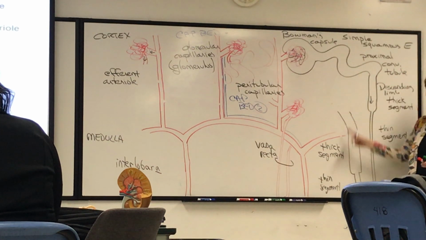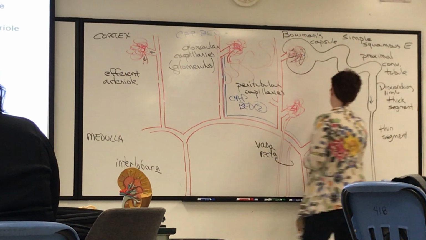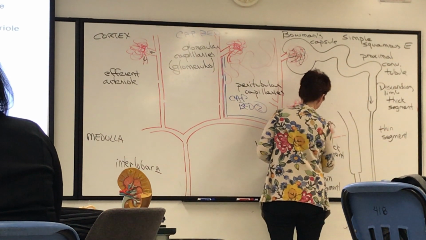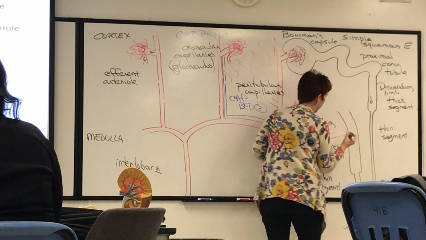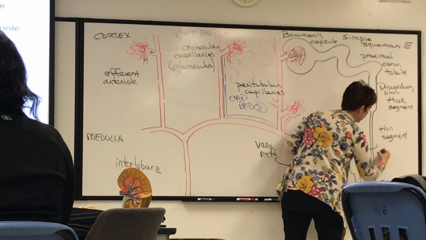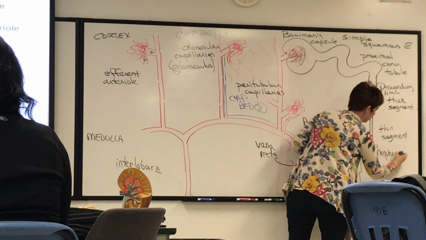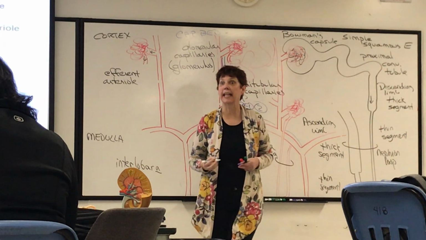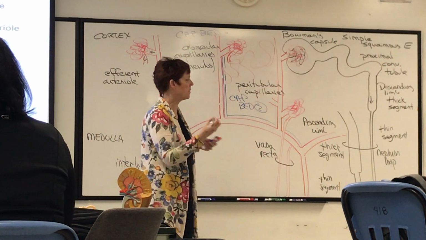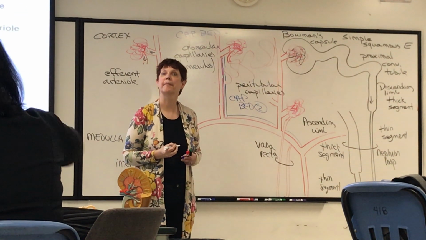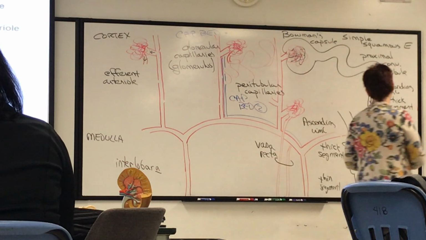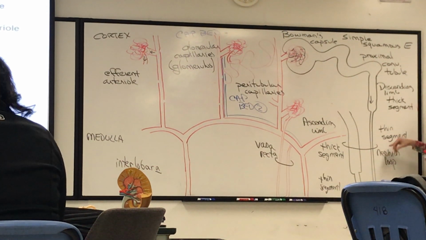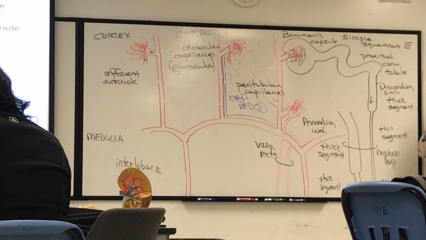Any guesses what this is called? The ascending limb. And the whole thing is the nephron loop. Or another alternate name is loop of Henle. Okay? You can use either one, loop of Henle or nephron loop. Yeah. And you said all of that is simple squamous? The skinny part. The skinny, the thin? Yeah, the thin segment is simple squamous and the thick is still simple cuboidal.